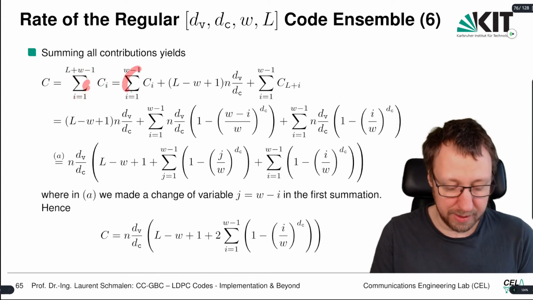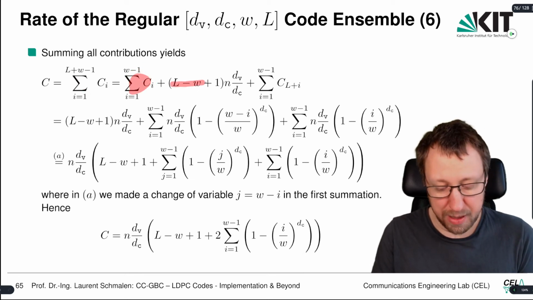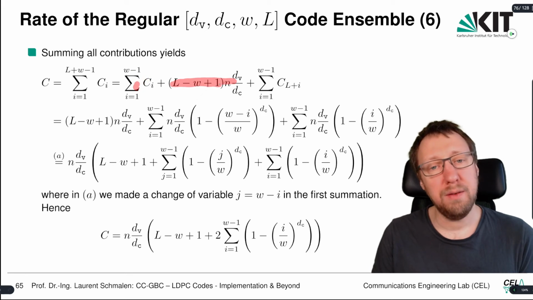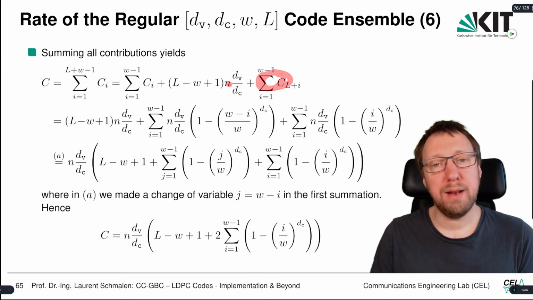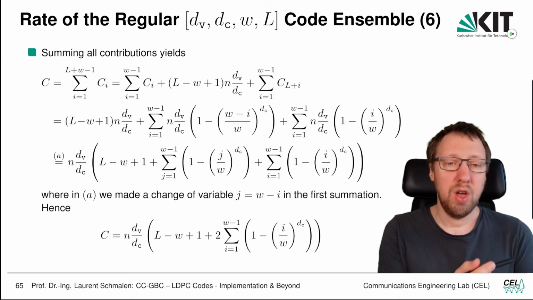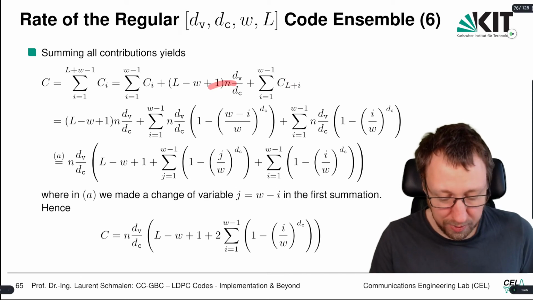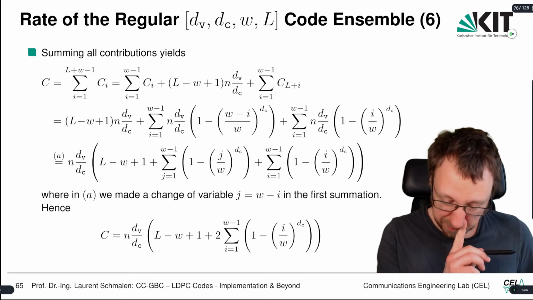So it's the first W minus 1 check nodes. Then we have the middle ones, L plus W minus 1. They have a clear expression. And then we have the rightmost number of check nodes from the virtual positions. So we put this term in front, and then we put both sums, so both expressions that we have.